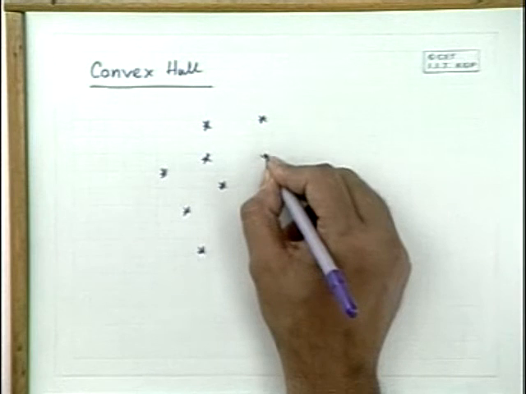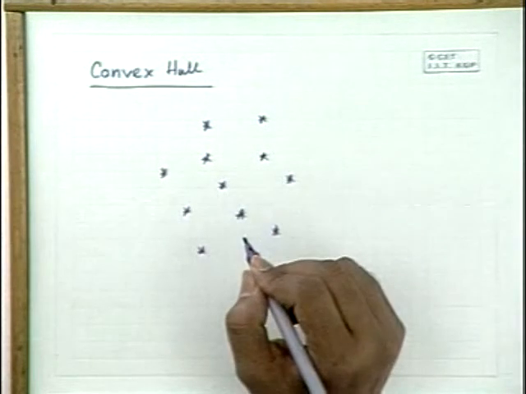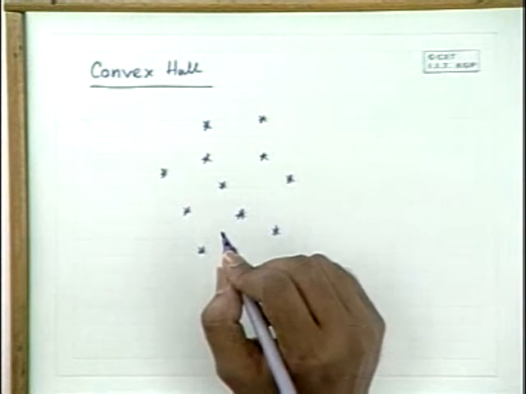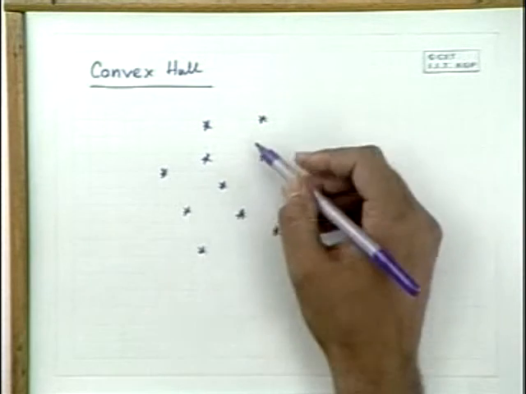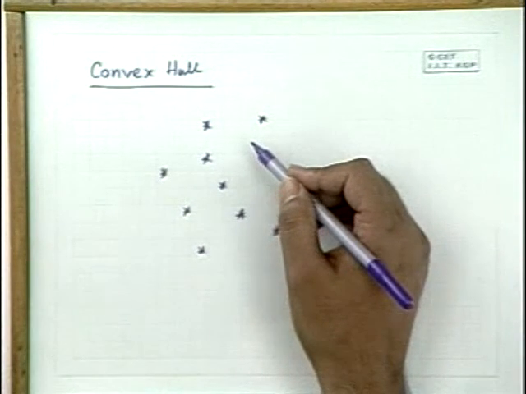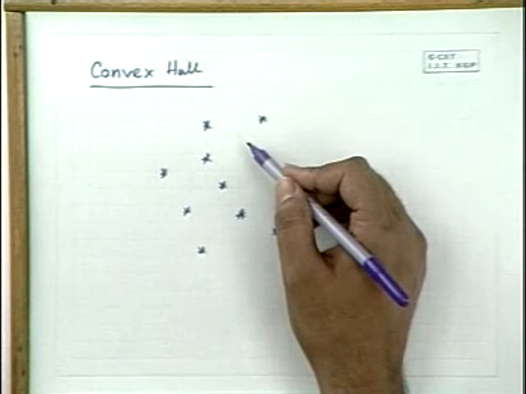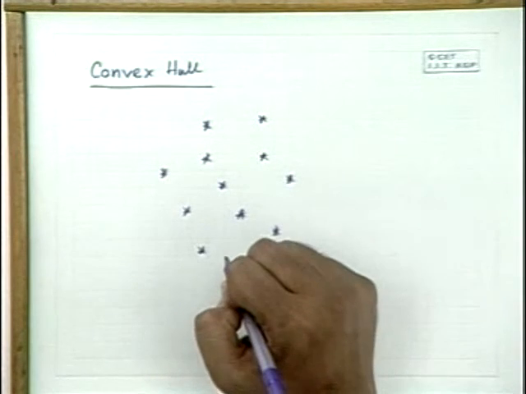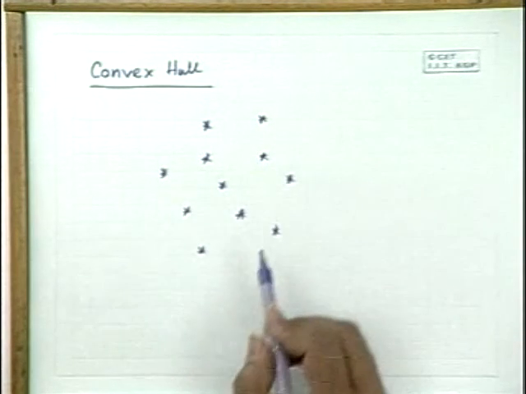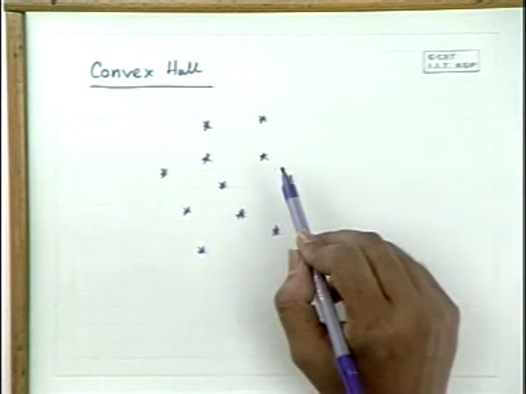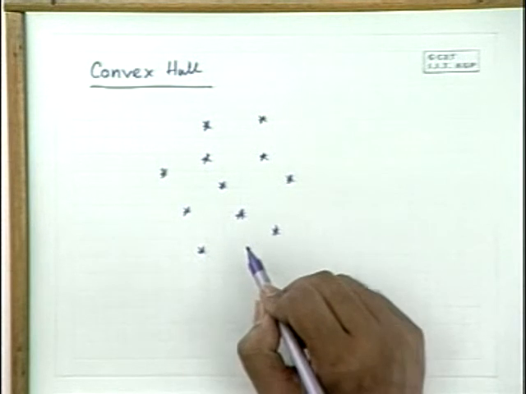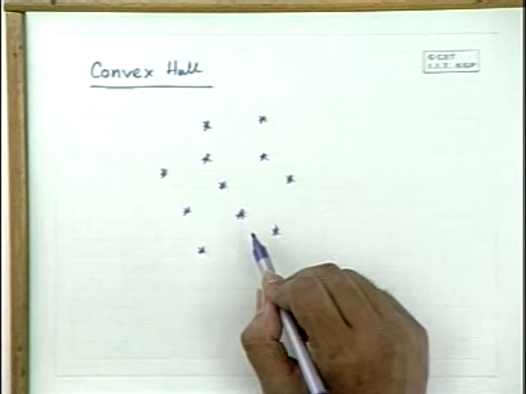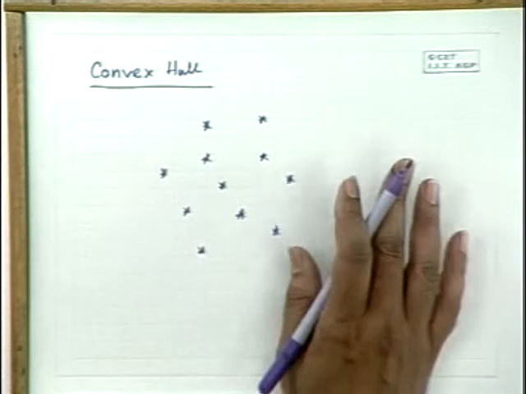And the convex hull of this point set is defined as the smallest convex polygon which contains this entire set. So I will not draw the convex hull right now. You just think about what is the smallest convex polygon which will contain all the points inside or on it. Which I'll leave it to you for the time being.